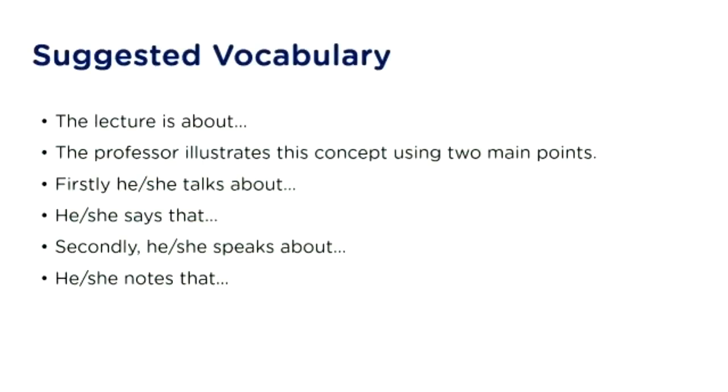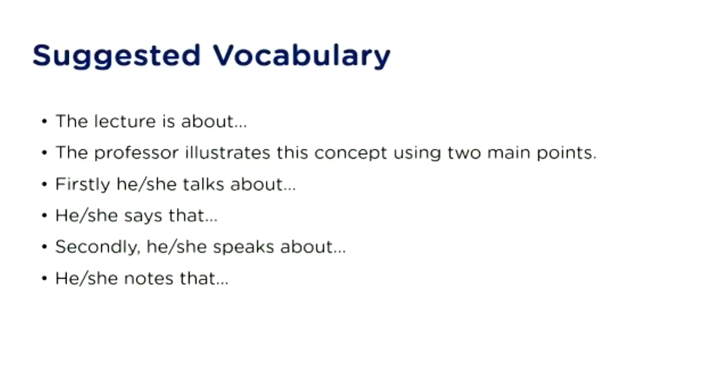Some suggested vocabulary when preparing your response to this task. So to introduce the lecture, you can say something like, the lecture is about. So the lecture is about birds of paradise, the lecture is about classical music, so whatever is the topic. Then the professor illustrates this concept by using two main points.